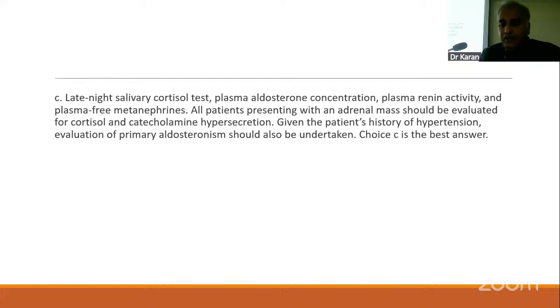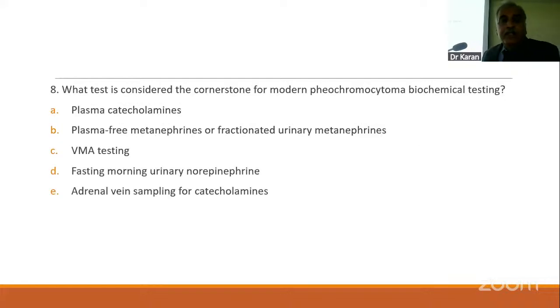So, okay, anyway. What test is considered the cornerstone for modern pheo biochemical testing? Plasma catecholamines, plasma-free metanephrines or fractionated urinary metanephrines, VMA testing, fasting morning urinary norepinephrine, adrenal vein sampling for catecholamines. B, plasma-free metanephrine or fractionated urine.